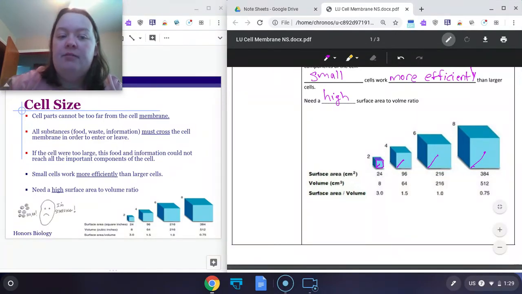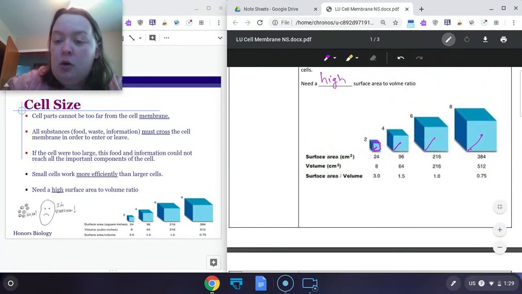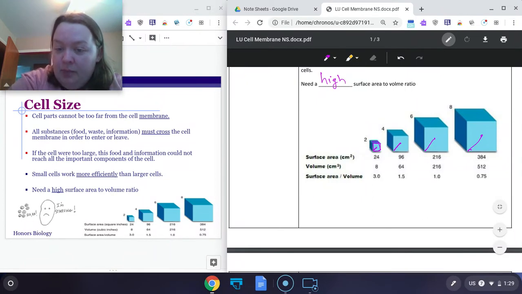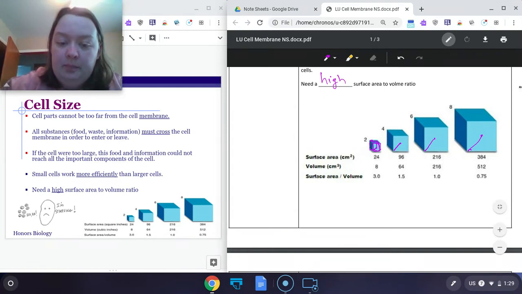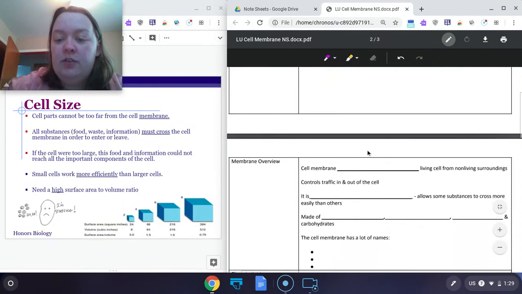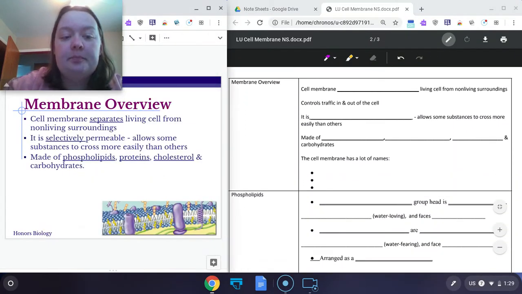In order to believe that part, we're going to have to get into a little bit of math, but we're not going to do that right now. Surface area is larger in the smaller cell because it has more room on the outside than it does space on the inside. And that's going to make that cell work more efficiently and faster than if it were a large cell.